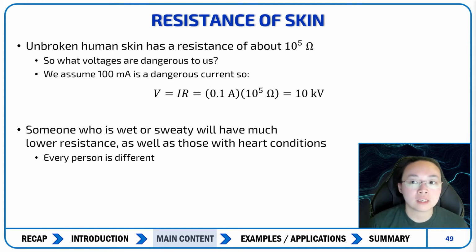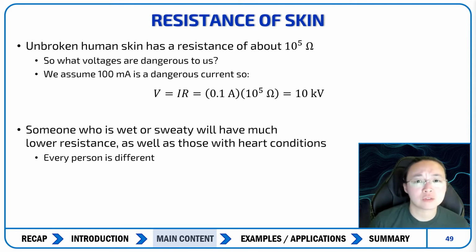Now, taking a look at the resistance of the skin, if someone has just washed their hands or has wet hands, either through sweat or just water, then the resistance is going to be lowered, and therefore the voltage applied to achieve the danger zone is going to be lower.